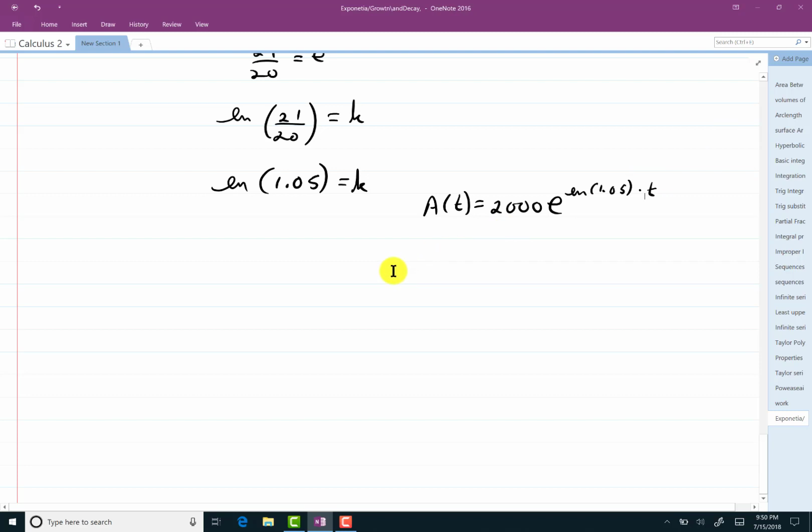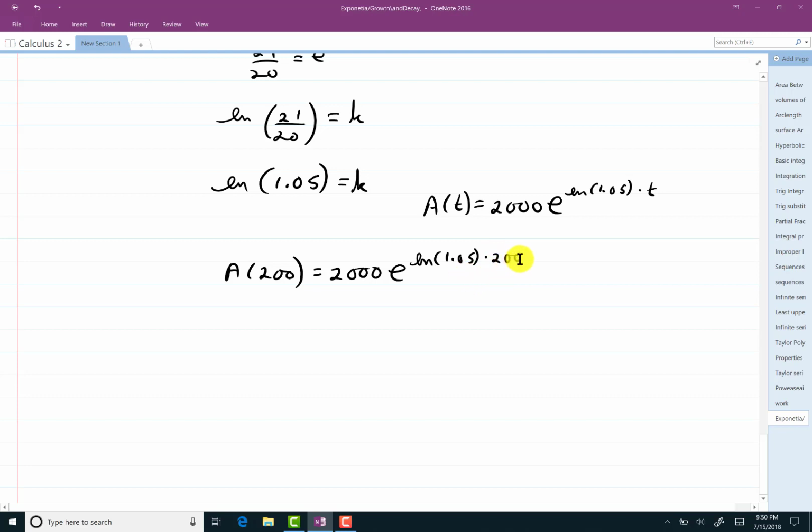And then, of course, we want to find out how much it's going to be worth after 200 years. So our answer then is A of 200, which equals 2,000 e to the ln of 1.05 times 200. Notice the original information was given in years, so everything is written in terms of years.